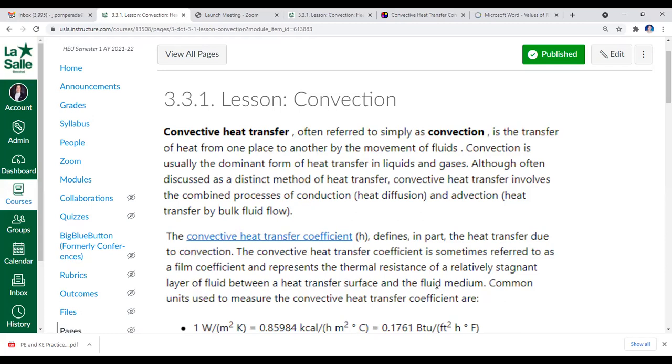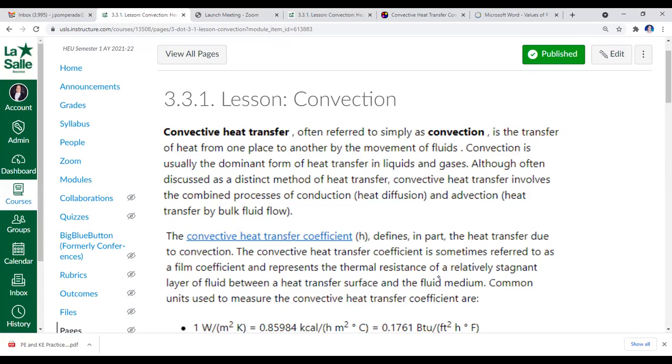So you have to consider that particular film or coating that offers resistance to heat flow by the fluid flowing as a bulk against the surface through which heat is passing by diffusion. This film resistance to flow is accounted for by the convective heat transfer coefficient.